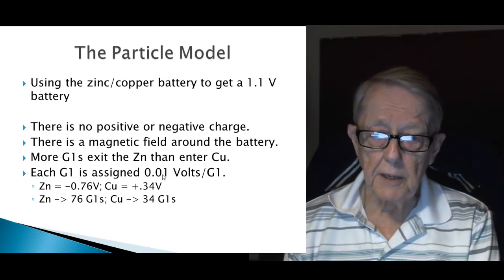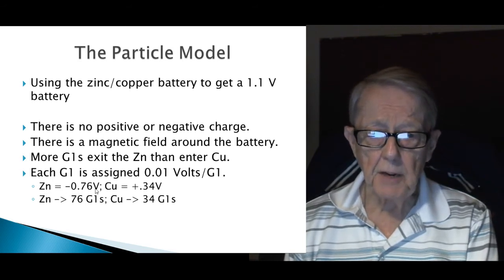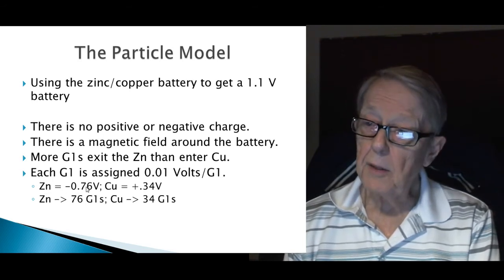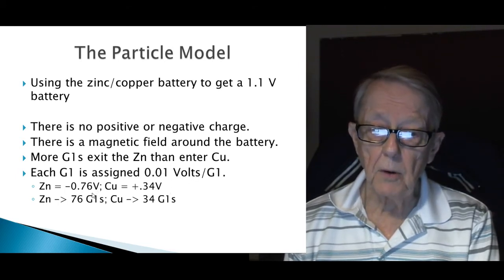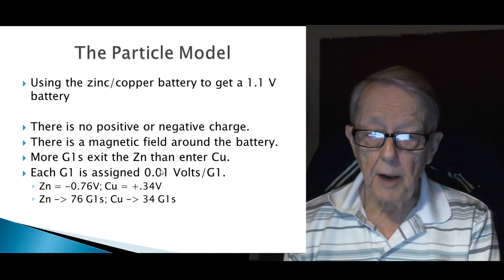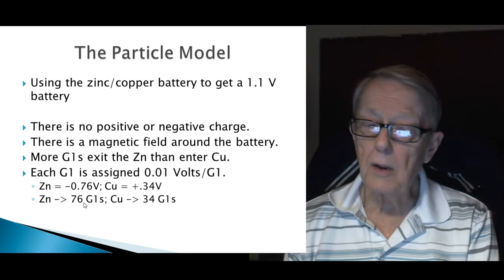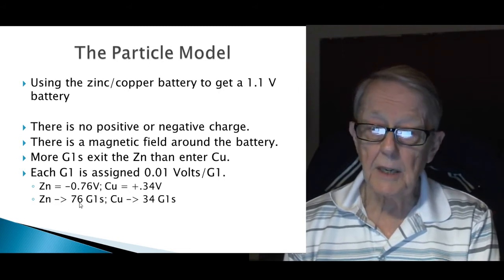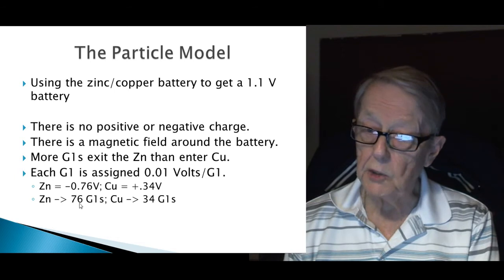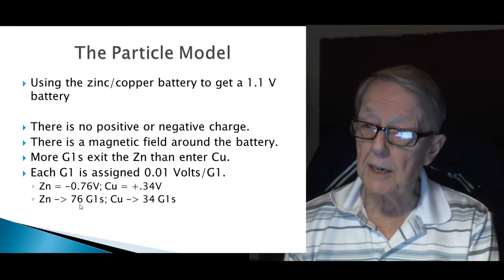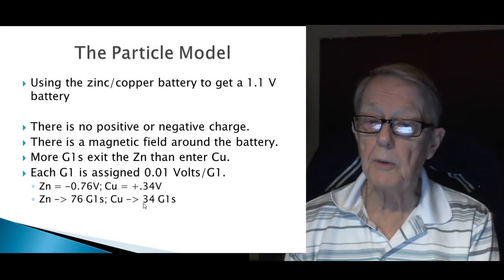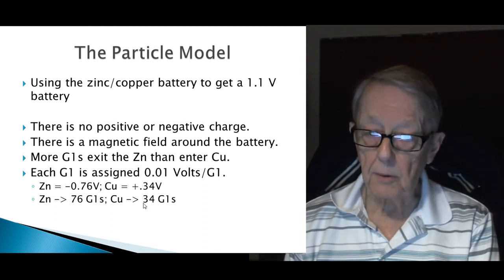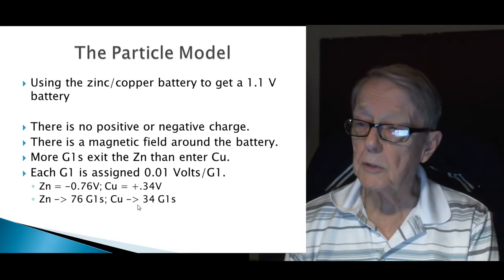But by choosing this, I can take the zinc voltage and make the correlation that if each G1 has 0.01 volts, and you divide 0.01 into the 0.76, you can correlate that to the fact that there are 76 G1s being generated by the zinc electrode. And there are 34 G1s being generated by the copper electrode. So I'm going to use those numbers to talk about the circuit.